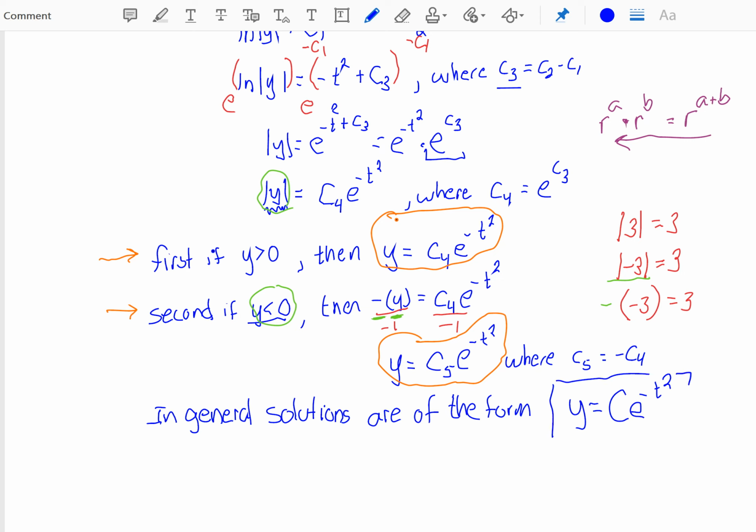This represents your general solution to the differential equation.